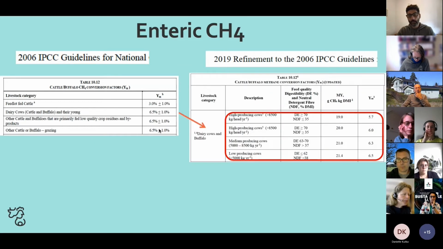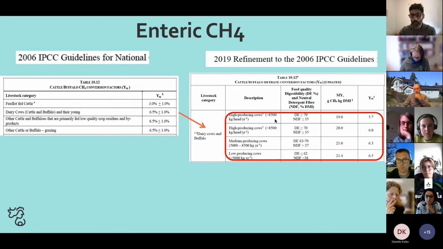So in 2019, because of the data that has been generated in the studies, now we can consider whether the animal is high, medium, or low producing, whether the diet has high, medium, or low digestibility, or the content of fiber, which will give us an emission factor that better reflects the amount of methane that is produced by the animal.